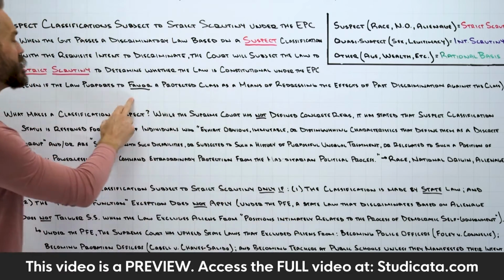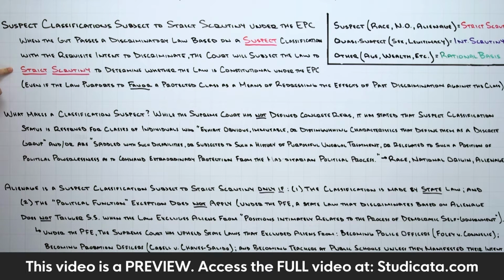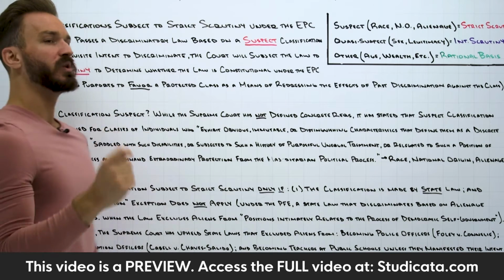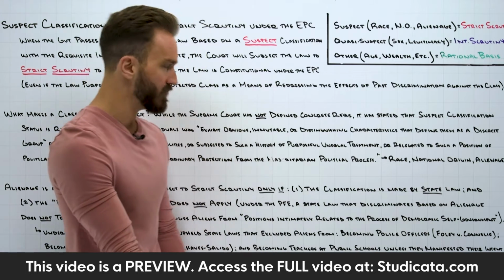And that's why in those cases, the court is still going to apply strict scrutiny. The difference is, if the law purports to favor a protected class, we call it benign discrimination.